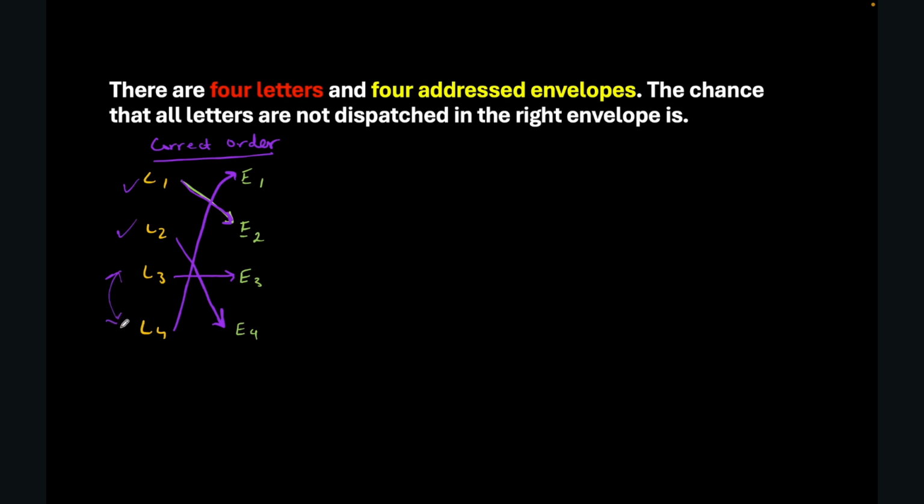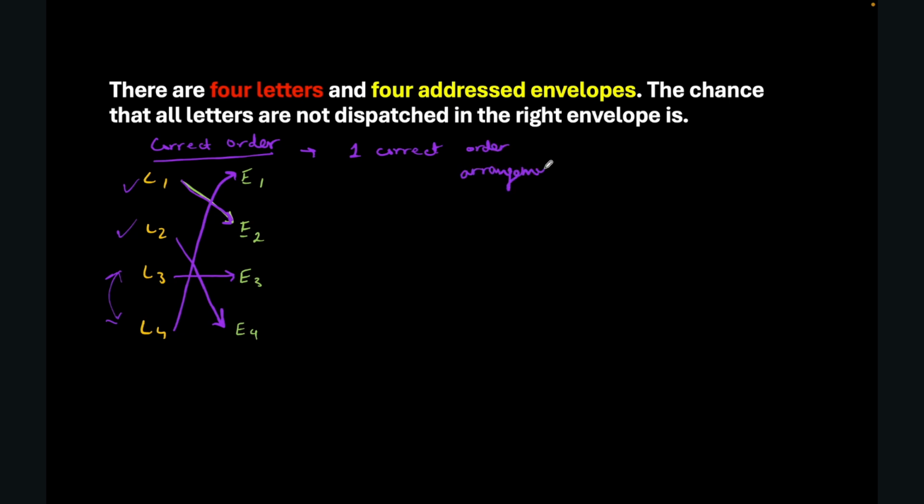Well, then the entire thing is gonna be wrong, right? We can't have two letters going to the right people and then two letters not. Every single letter needs to go to the correct designated person, or in the right envelope in this situation. So what we can understand is that there is only one correct order, or arrangement.